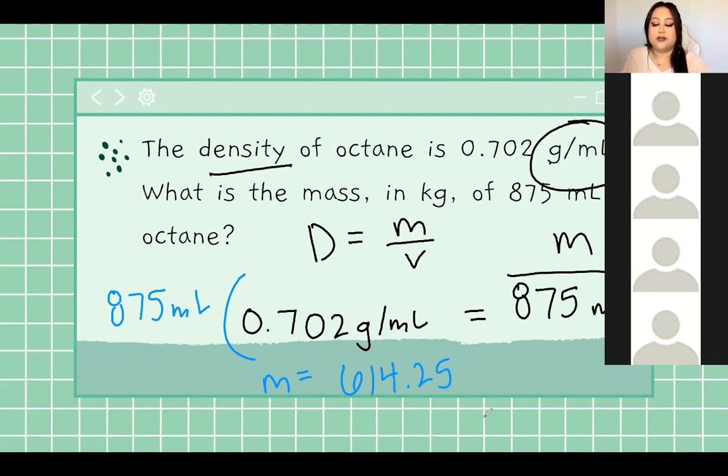And what are the units? Grams. Yeah, perfect. Thank you, Matthew. So since the question is asking in kilograms, what do we need to do? Because this is not our final answer. Perfect. Thank you, Seth. So can someone tell me the unit conversion factor for grams to kilograms?